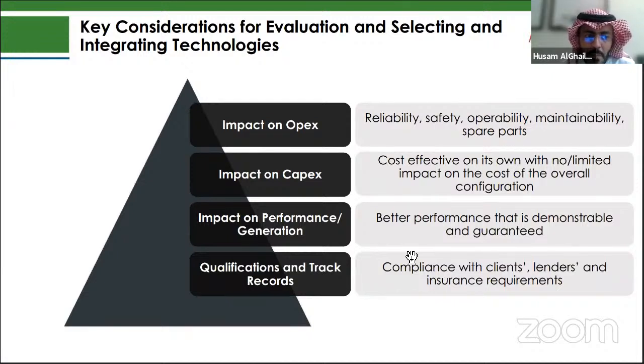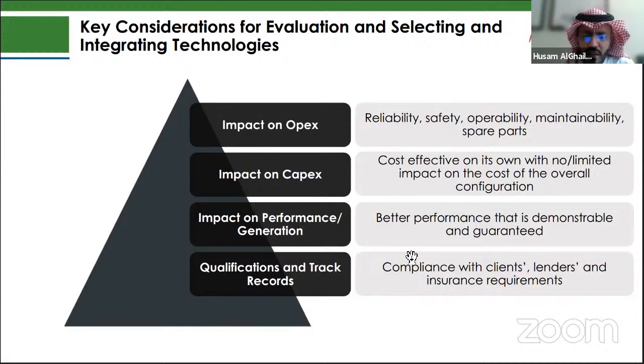Without those two variables, it will fall either on the developers to believe in those technologies, or on the main equipment suppliers to say, well, we can do something about guaranteeing those promises on the performance.